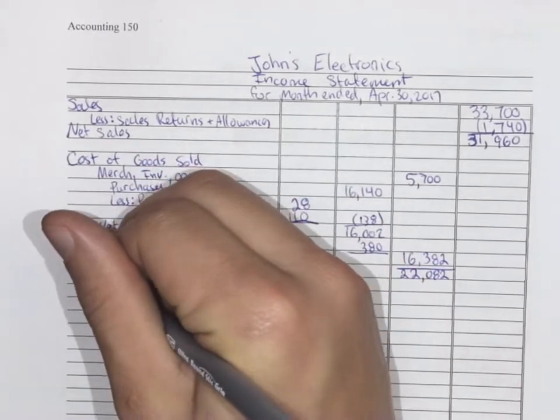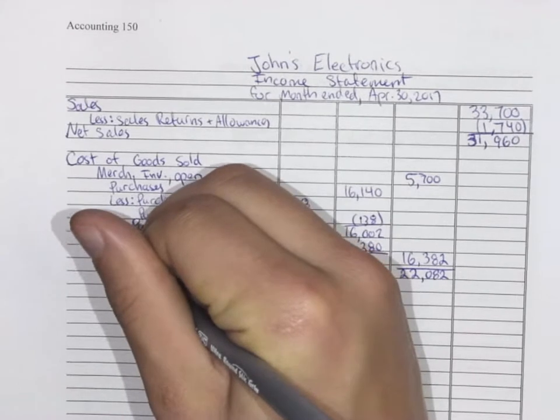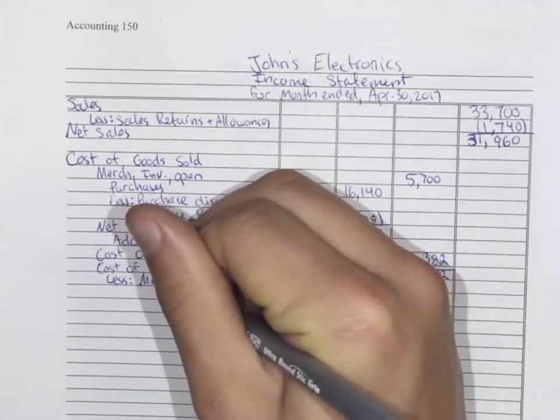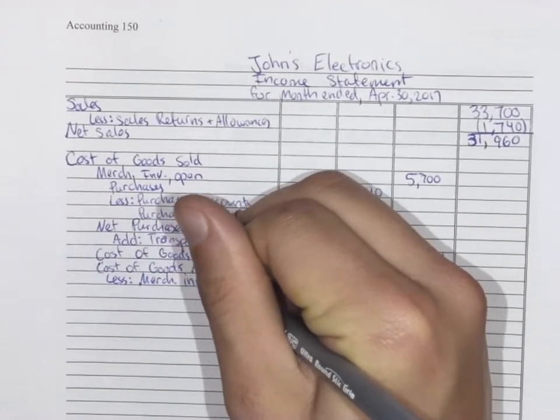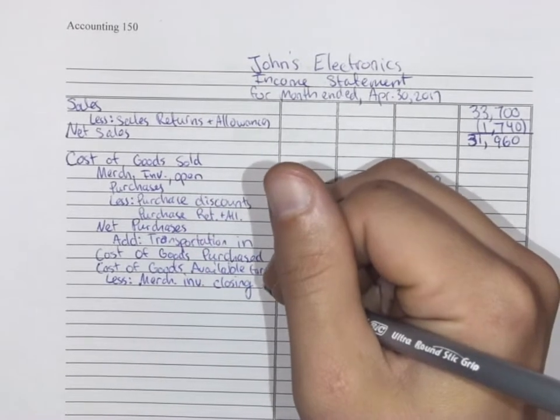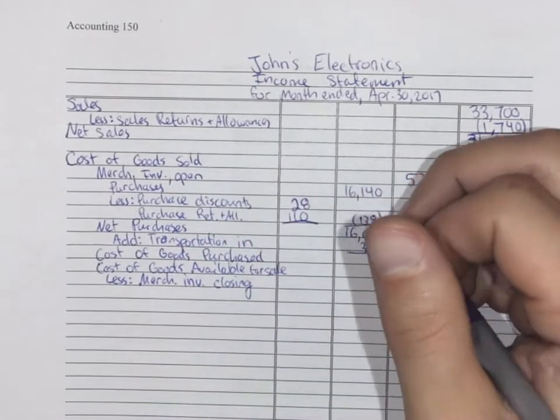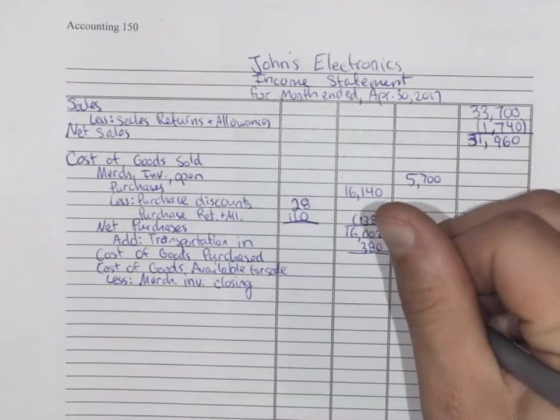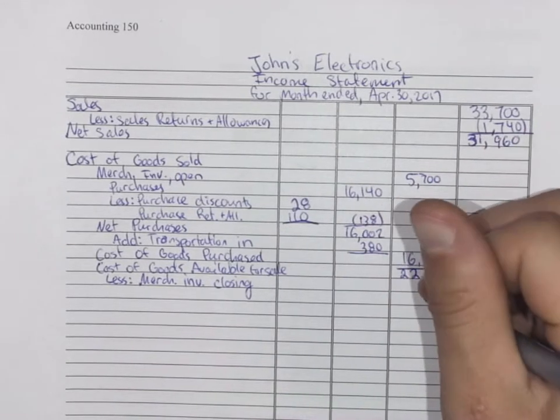Finally, we're going to less our merchandise inventory closing balance, which was 2,460.